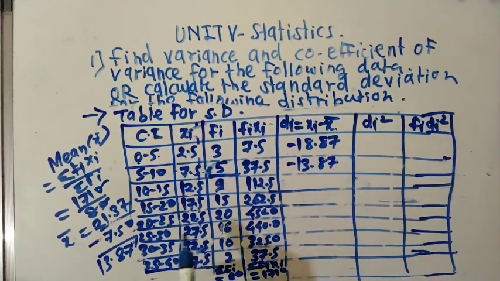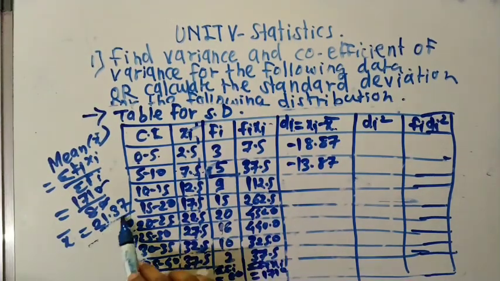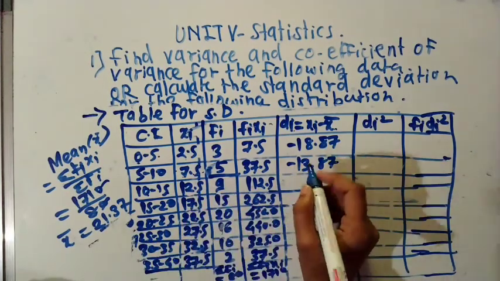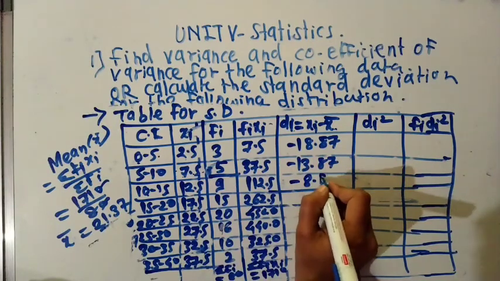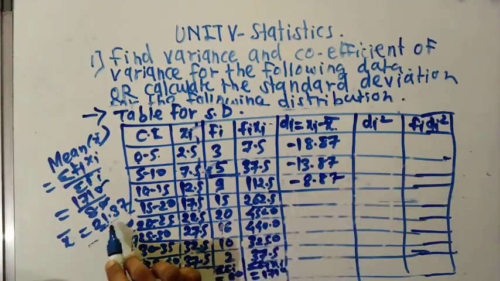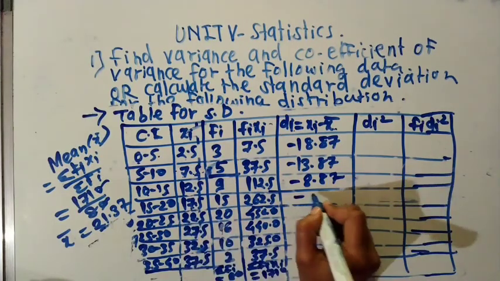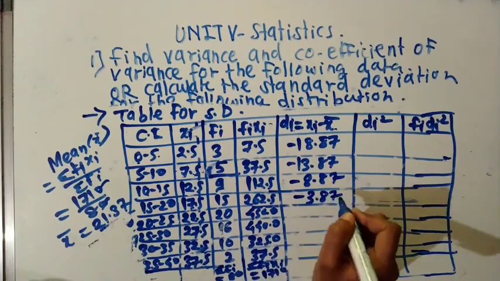Then find all these values: 12.5 minus 21.37 is minus 8.87. 17.5 minus 21.37 is minus 3.87.